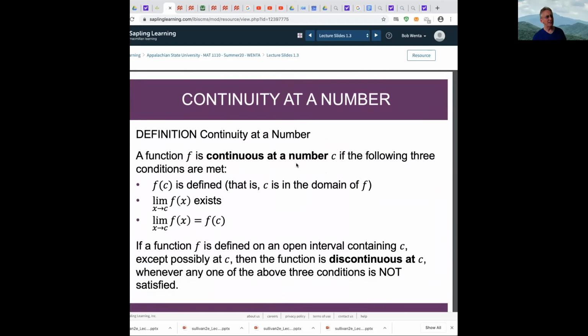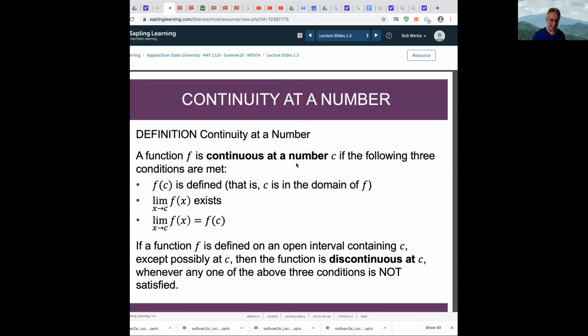Definition of continuity: for a function to have continuity at a number, function f is continuous at c if the following three conditions are met. First, f of c is defined, so it is included in the function. Then, the limit as x approaches c exists.